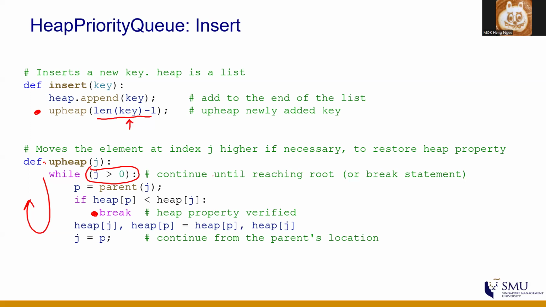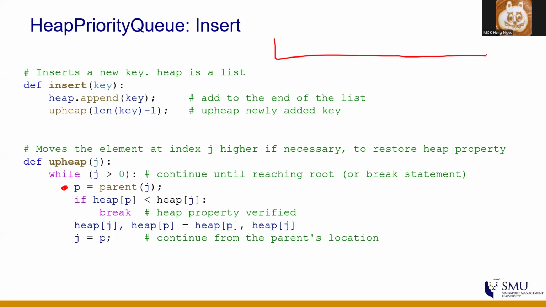So these are the two stop conditions I mentioned just now. So what do we do? p equals parent of j. I'm trying to determine the parent of j. So this is the array or list, right? This is the newly inserted element, j. I'm trying to look for its parent. Its parent is somewhere in front. So this is the parent of j.